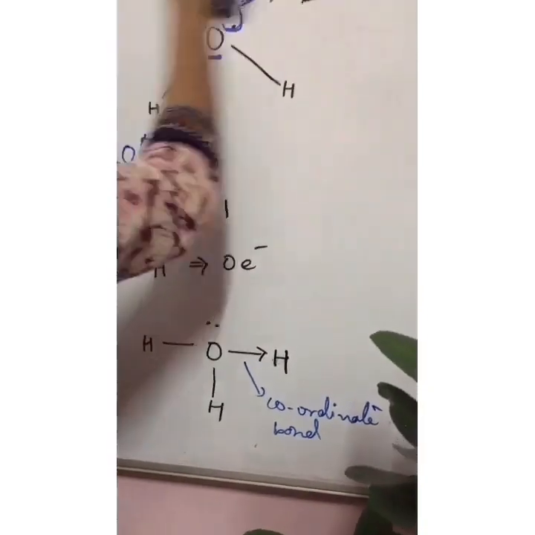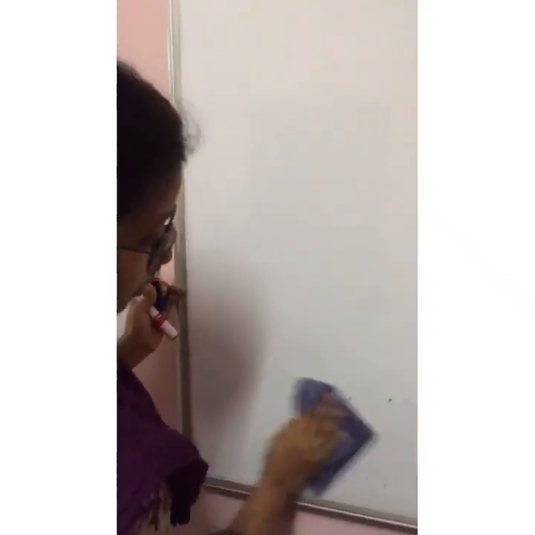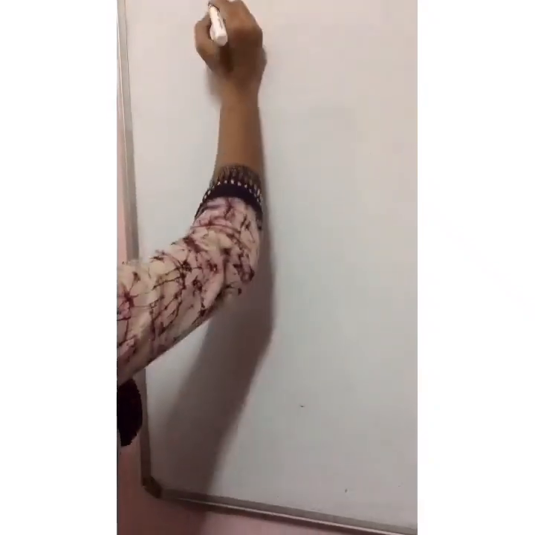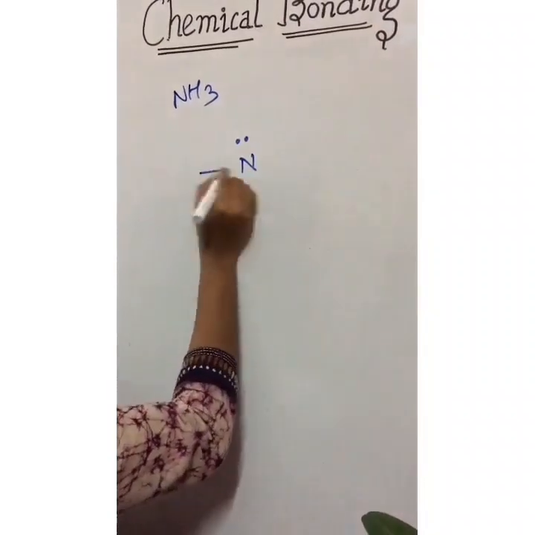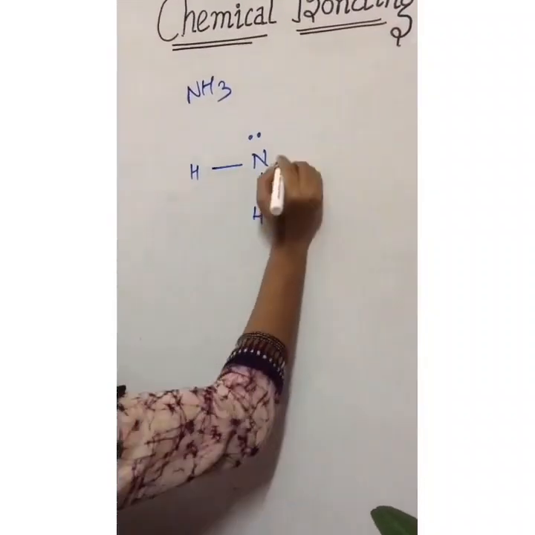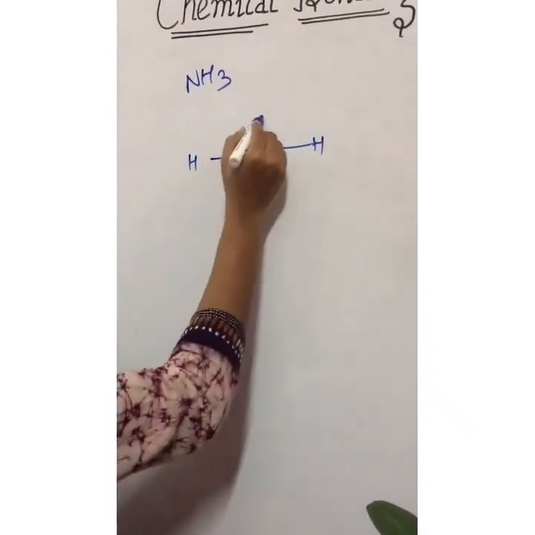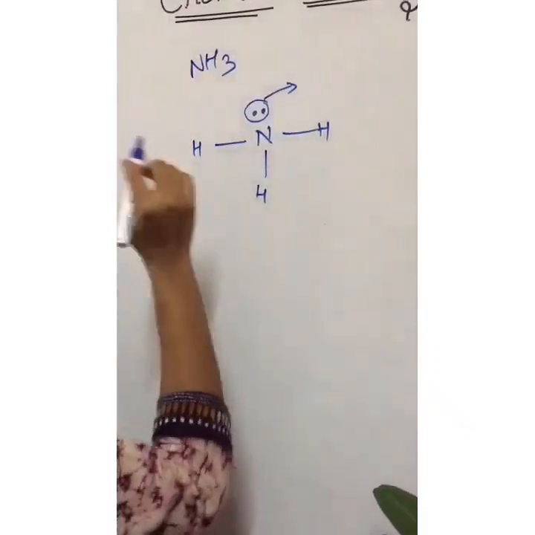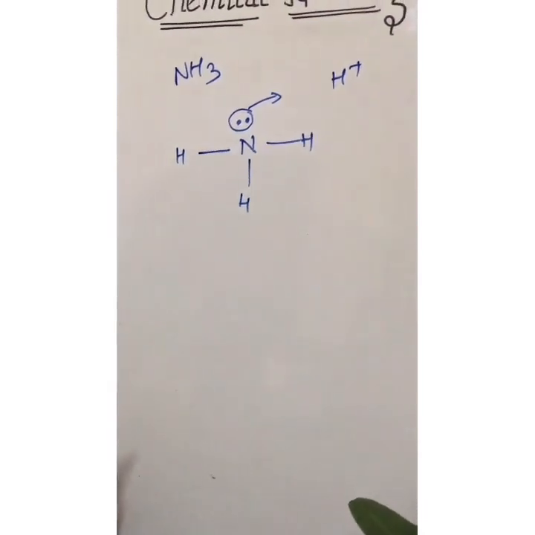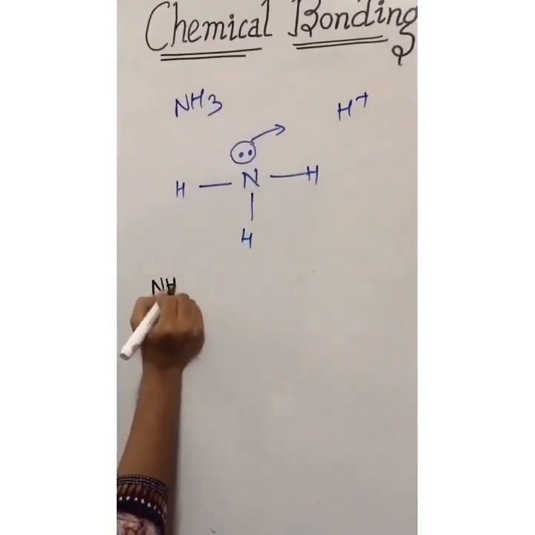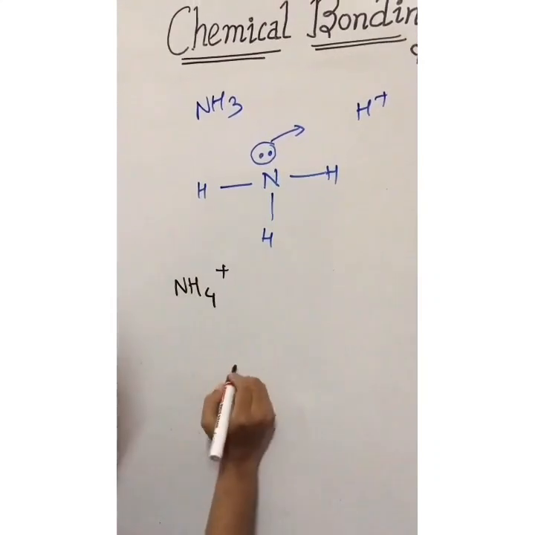Okay, similar is the case of the ammonia molecule. We know ammonia is NH3 which has 1 lone pair and 3 bond pairs. So NH3 is N with a lone pair of electrons and 3 hydrogens on 3 sides. Now when this lone pair of electrons is donated by nitrogen to an H plus ion, it forms ammonium, NH4 plus. So how is this happening?